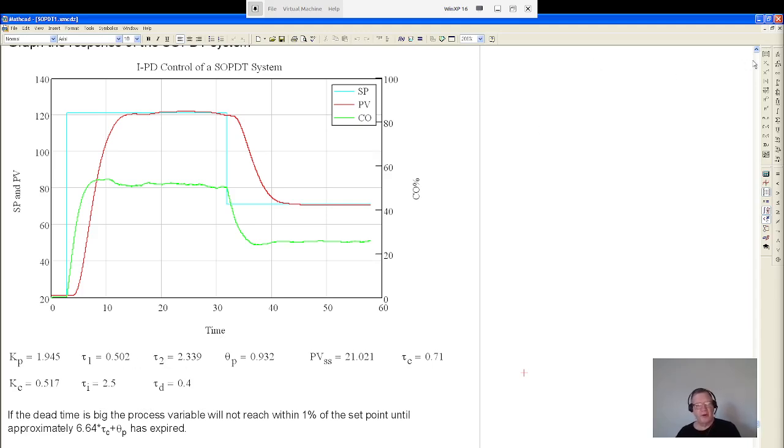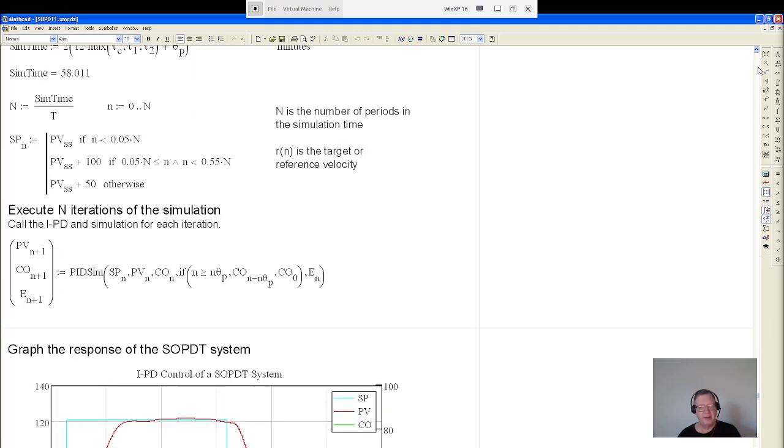So let's go back to the dead time, and let's see how this fares with a longer dead time. Now you can see this response is pretty quick because the closed loop time constant is small, and that's because the dead time is small.